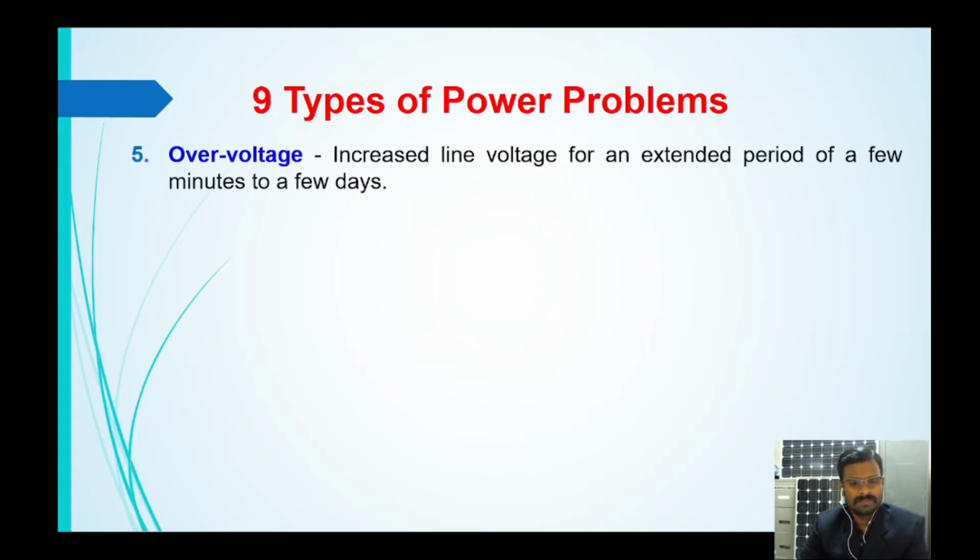Over voltage is a voltage above the standard values, either for a few minutes or for a few days. Again, this could damage the load as well as the installation in your building.